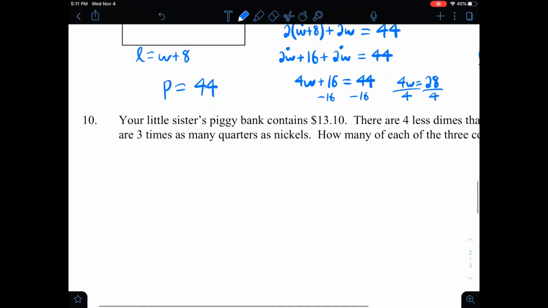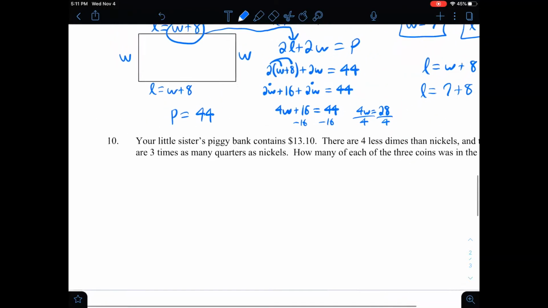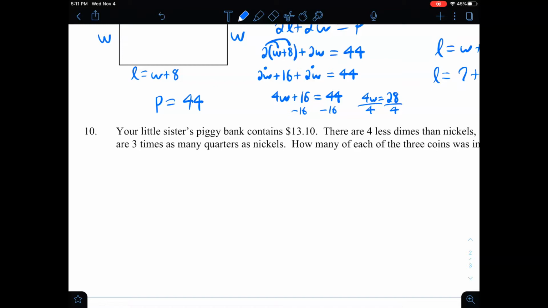So basically, what we're going to do is multiply the value of the coin times the number of coins. So if I call n nickels, how much does a nickel cost? It's 5 cents, so I'm going to put 0.05 times n.